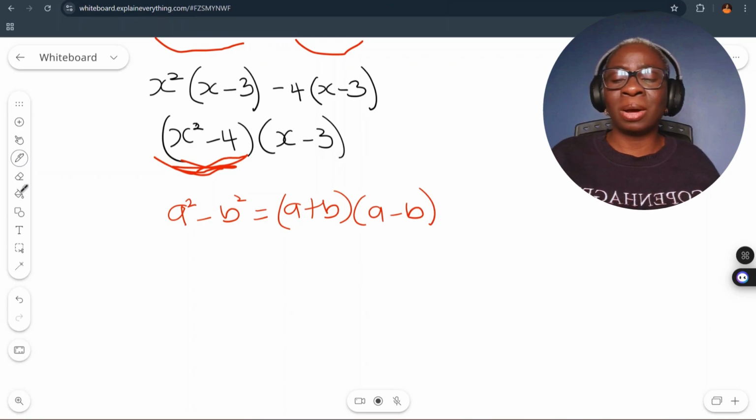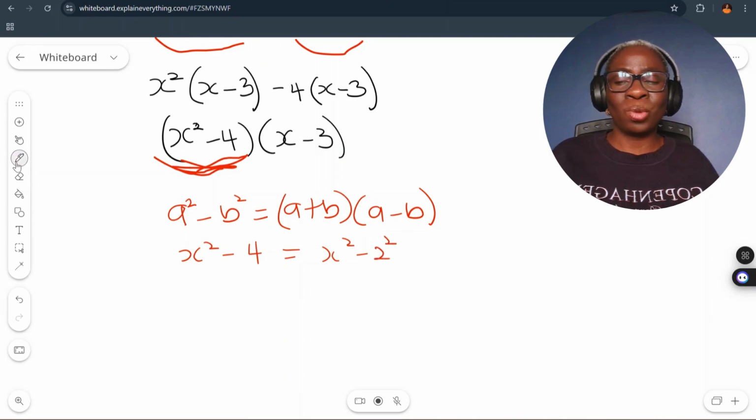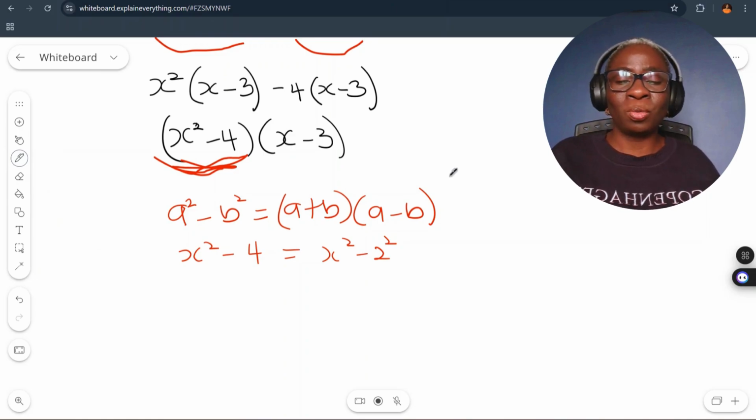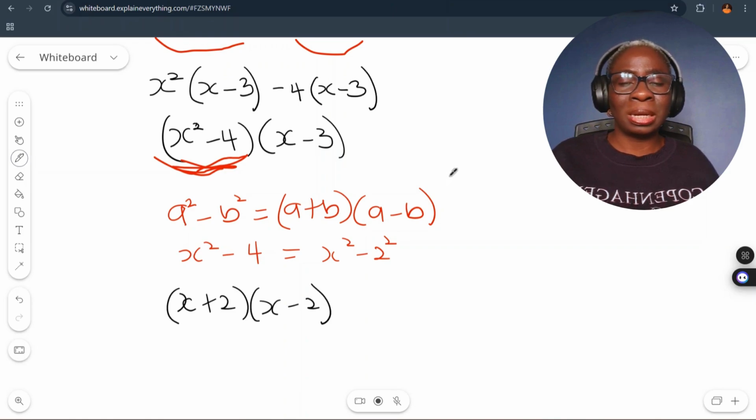And from this now, x squared minus 4 is the same thing as x squared minus 2 squared. So we can apply this rule, so that x squared minus 4 would then become x plus 2, then x minus 2, then we add what we have here, x minus 3.